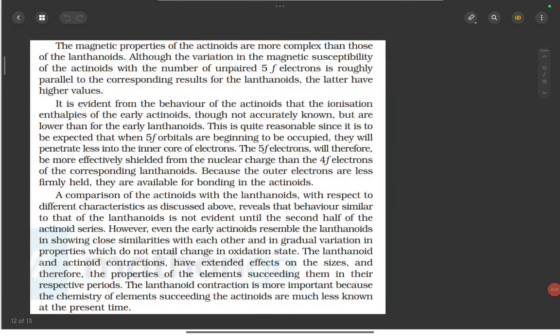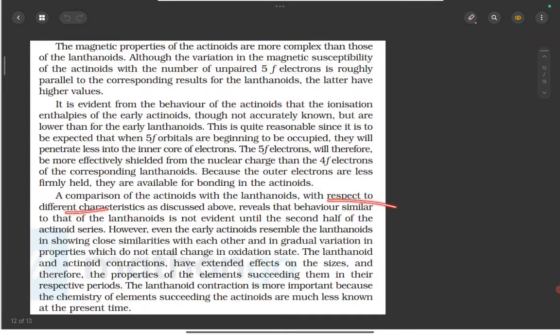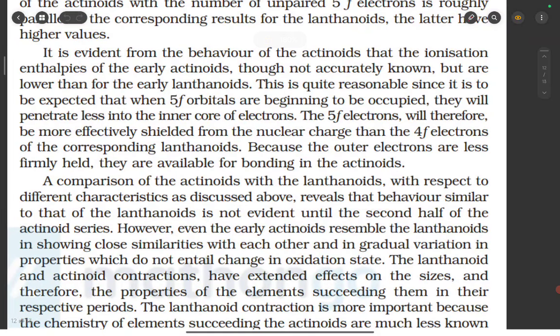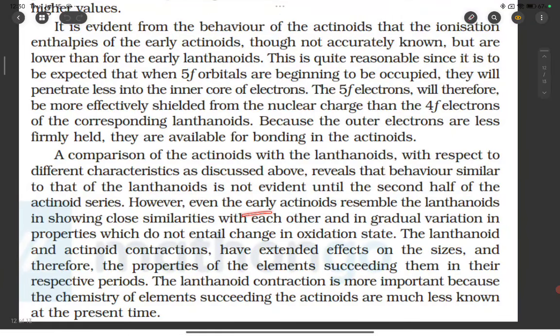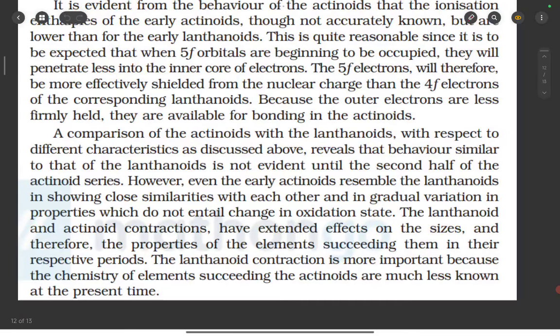One more important point: if we compare actinoids to lanthanoids with respect to characteristics, their similar behavior is not evident until the second half of the actinoid series. But the first half can also resemble the lanthanoids in properties which do not entail change in oxidation state.